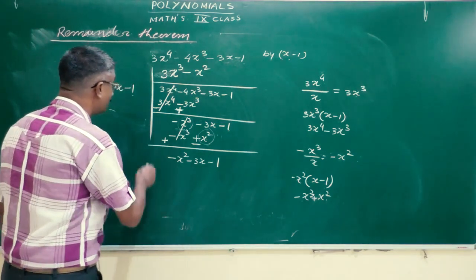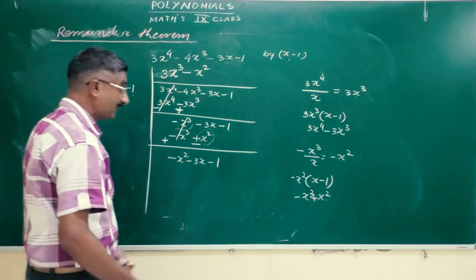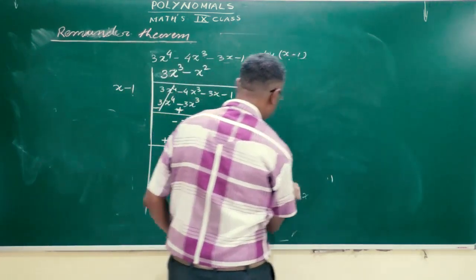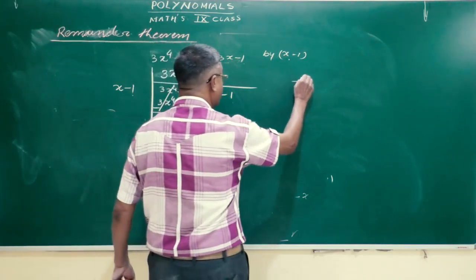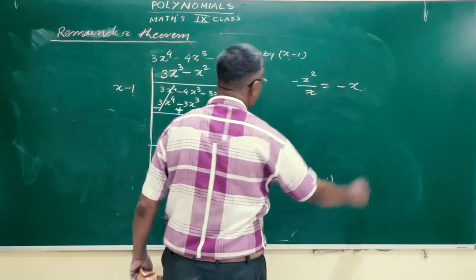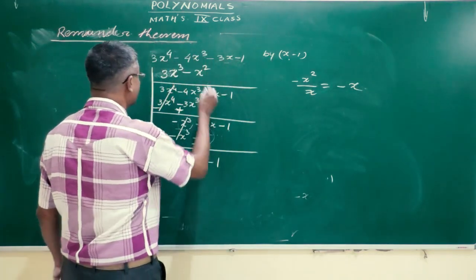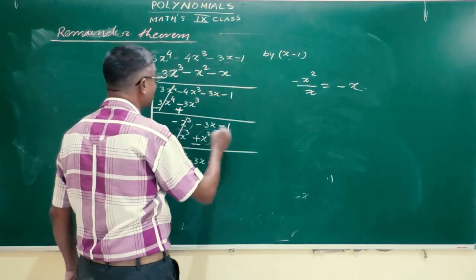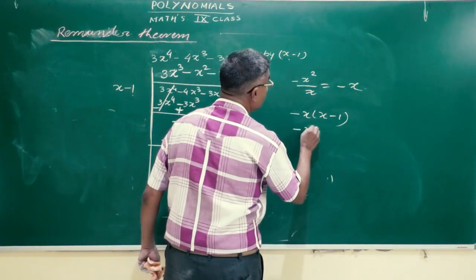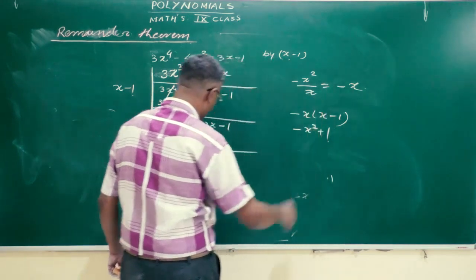Now same step again. I will remove this. Okay. Minus x square upon x. So this is equal to minus x. Minus x into x minus 1. So minus x square plus 1.